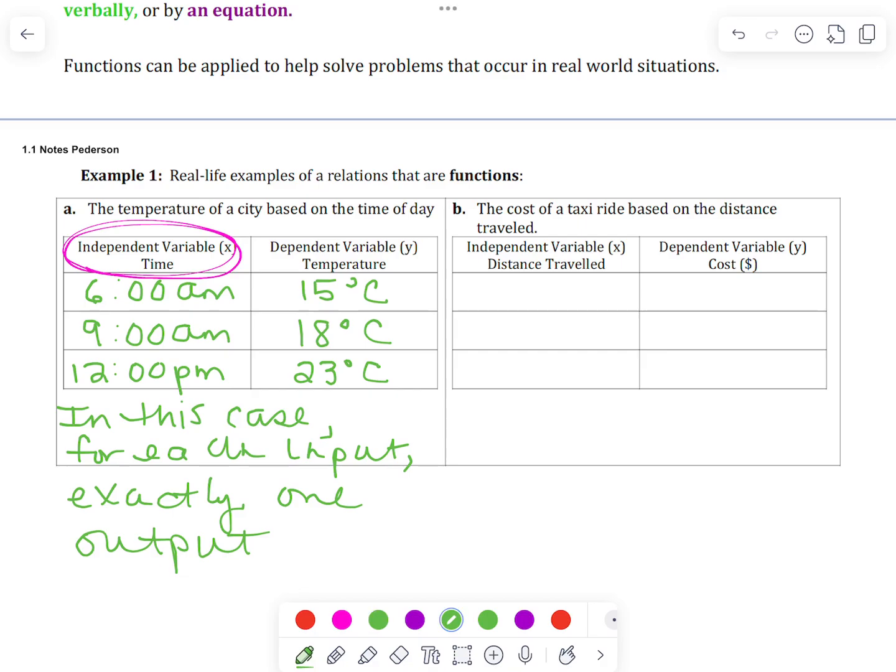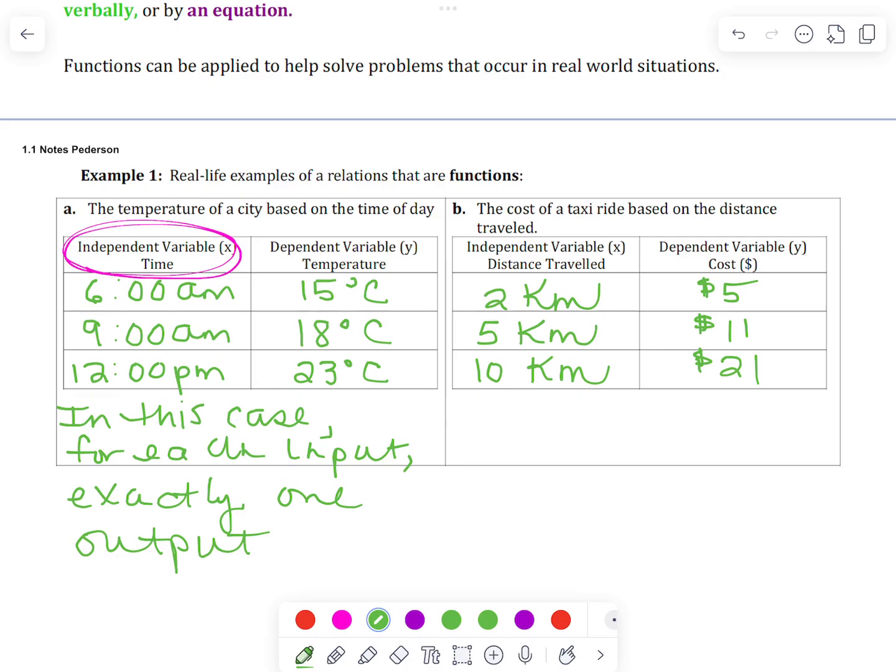All right, B, the cost of a taxi ride based off the distance traveled. So we could say at 2 kilometers, the cost of the ride is $5. When we go 5 kilometers, the cost of a taxi ride is $11. When we go 10 kilometers, the cost is $21.